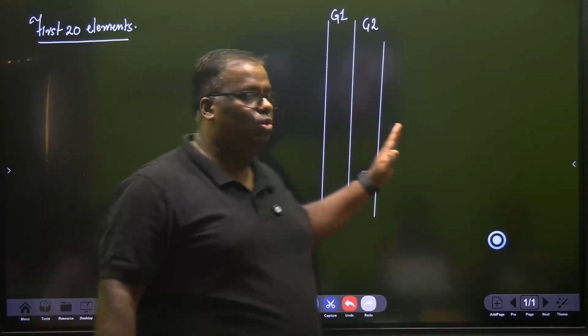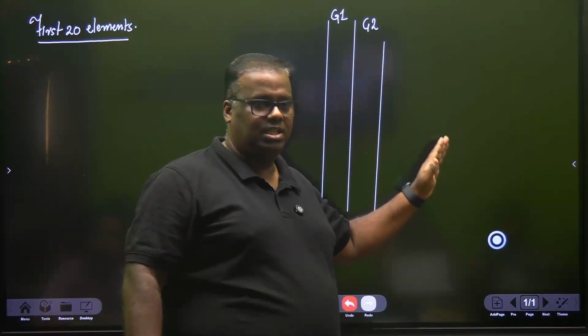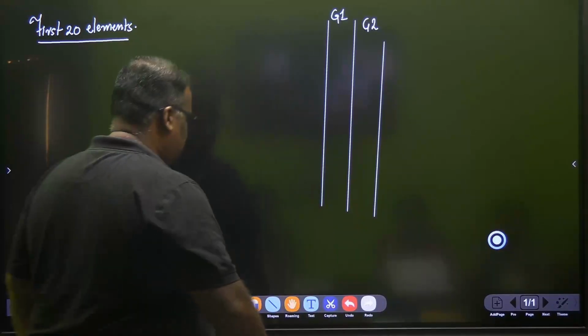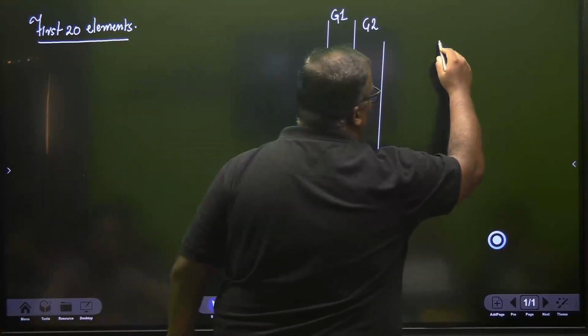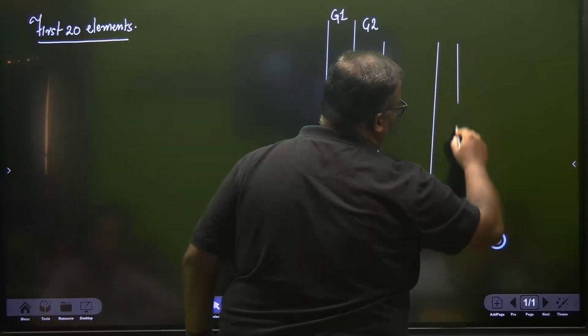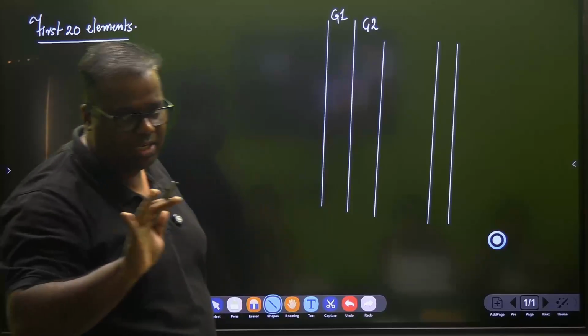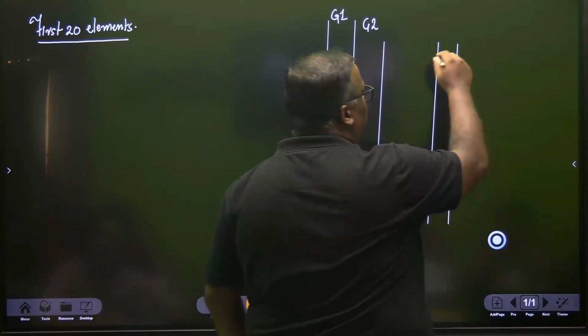After that comes group 3, 4, 5, 6, 7, 8, 9, 10. Our next interest would be straight away at group 13. So from 3 to 12 is not our headache right now in terms of group. So this is group 13.